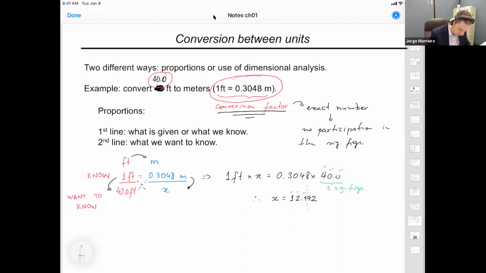Chop here. We need to round this number. So we have a 9 after the chop, so we are going to exclude it and add 1 unit. So therefore, we have here 12.2 meters, and that's the best way to express your result.